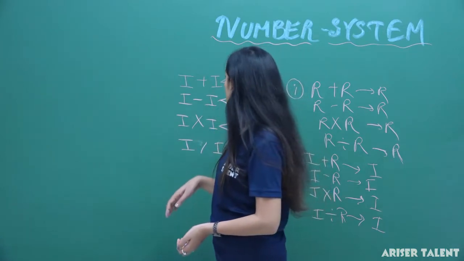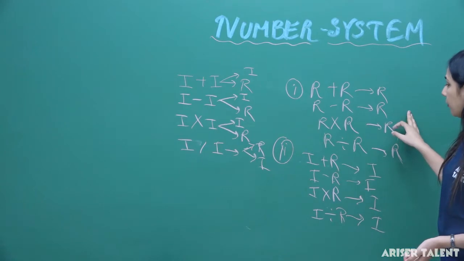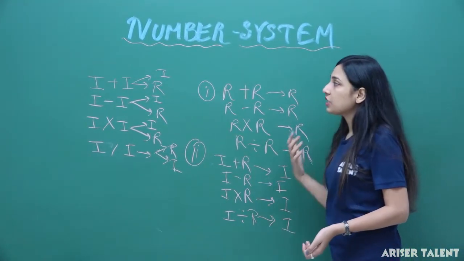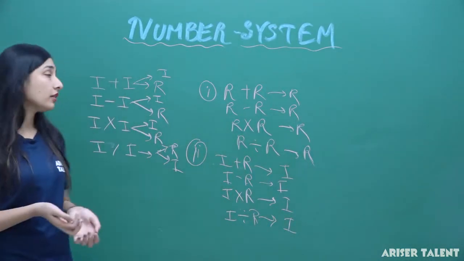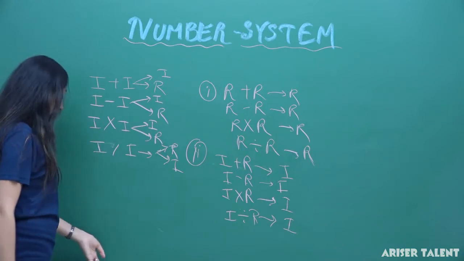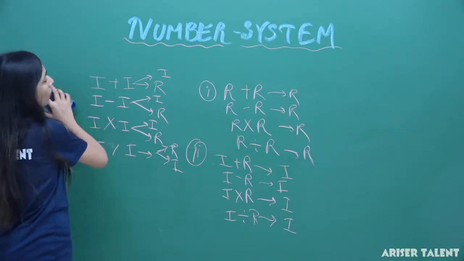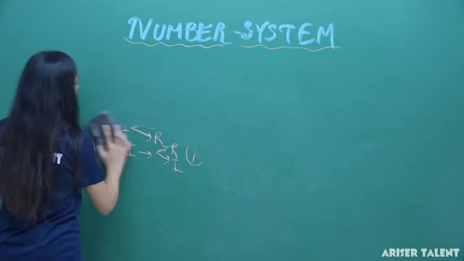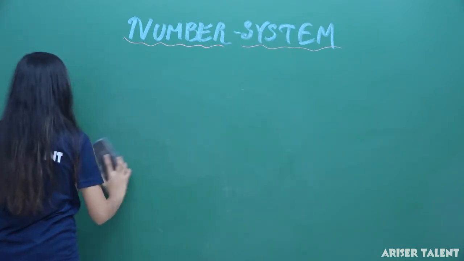So, two rationals always give you a rational. If it is one rational and one irrational, then always irrational. But in case of two irrationals, that may be rational as well as irrational. Then we performed some basic operations on irrational numbers, and we have done some questions about that.